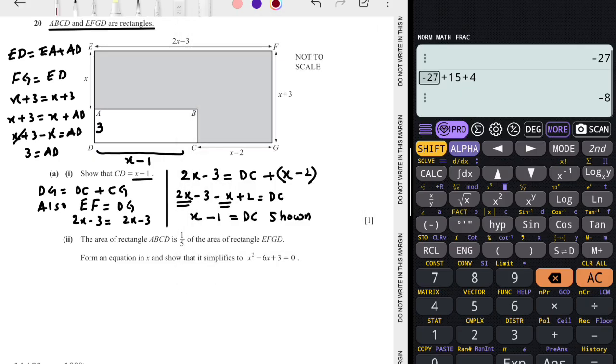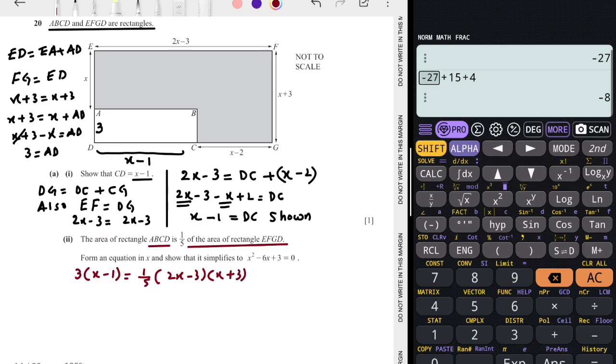The area of rectangle ABCD is 1/5 the area of rectangle EFGD. So area of ABCD is equal to 3 times x minus 1, is equal to the area of EFGD, that is 1/5 times 2x minus 3 and x plus 3.